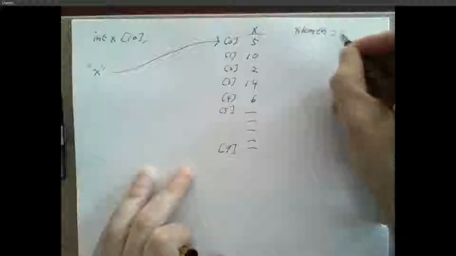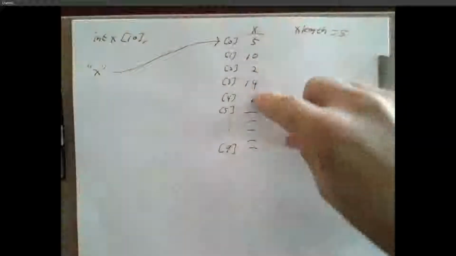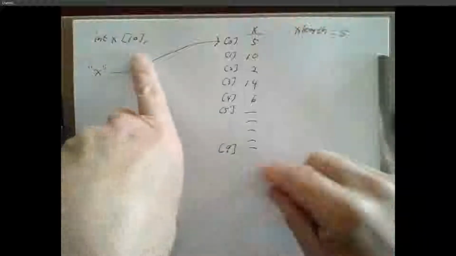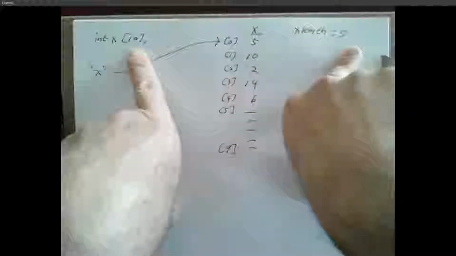And in this case, I might say x's length is equal to 5, and that's my internal strategy for saying I've got 5 things in my array. And hopefully I know that I've allocated space for 10, so if I store more things and I increase x's length, I won't let it get bigger than 9 or 10.